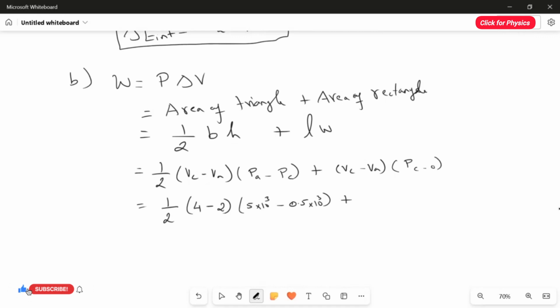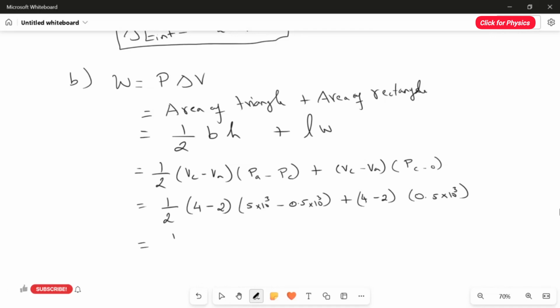So VC value is 4 minus VA is 2, and then this one is 0.5 kilopascal. So these are the values we take from the given.